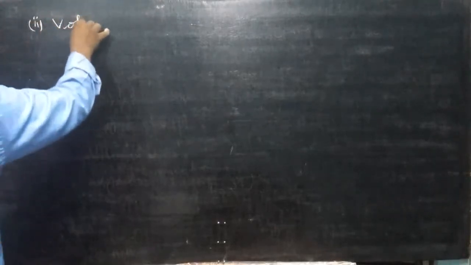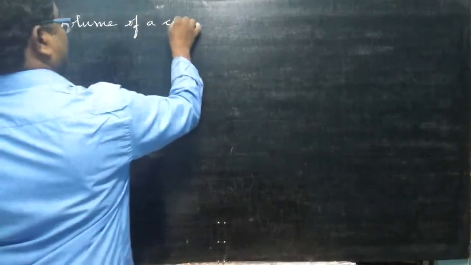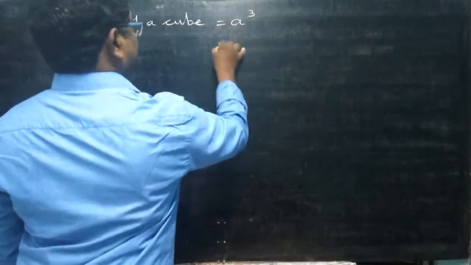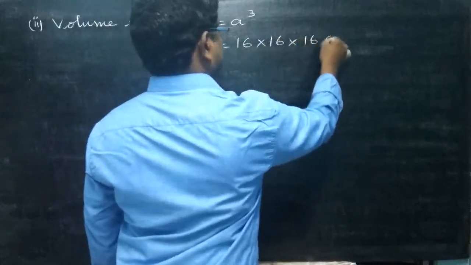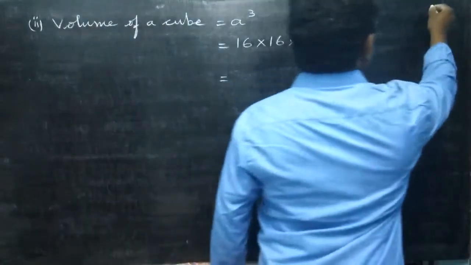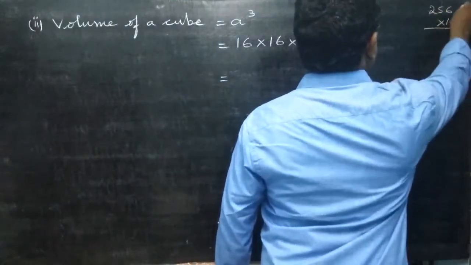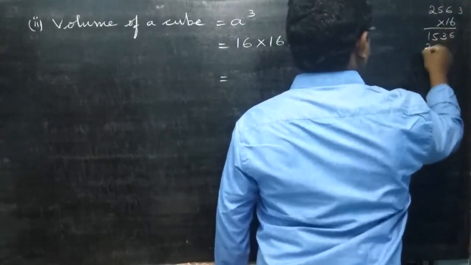Second bit. They are asking to find the volume of a cube, which is equal to a cube. Just now we got 16 as side, so 16 into 16 into 16 centimeter cube. 16 16s are 256, into 16. 6 6s are 36, 3, 3, 1, 256.